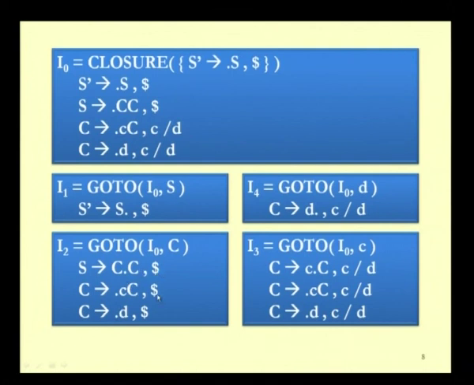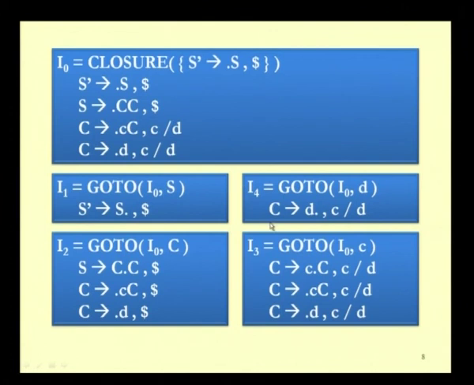So, dollar will be the lookahead, and I3 is for small c, where we move the dot right over small c, we expand this capital C, once again beta is epsilon and a is c or d. So, the output is going to be c or d here, and I4 is C derives D., comma c or d, because it is obtained from I0. We have I0 already, it is C derives .D, comma c or d.